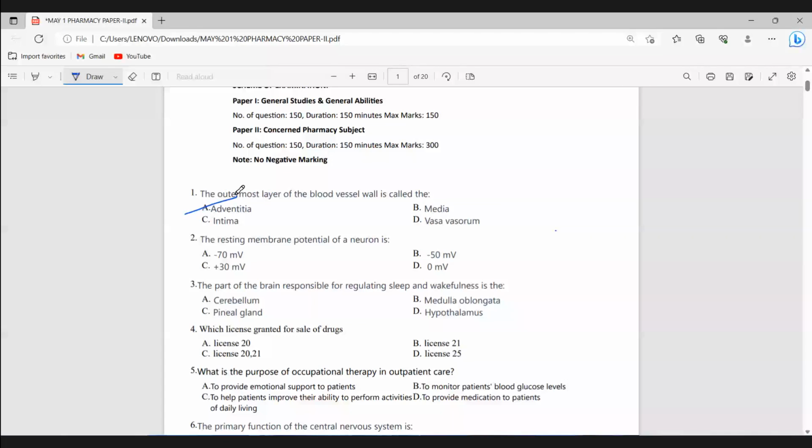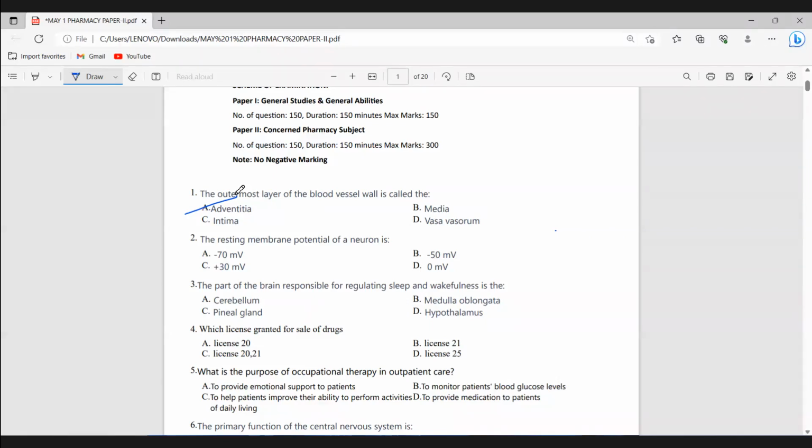Then second point, it is a connective tissue layer that helps to anchor the blood vessel to the surrounding tissue.